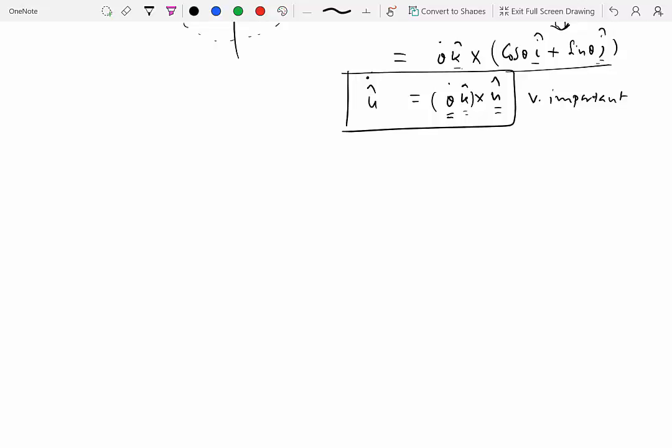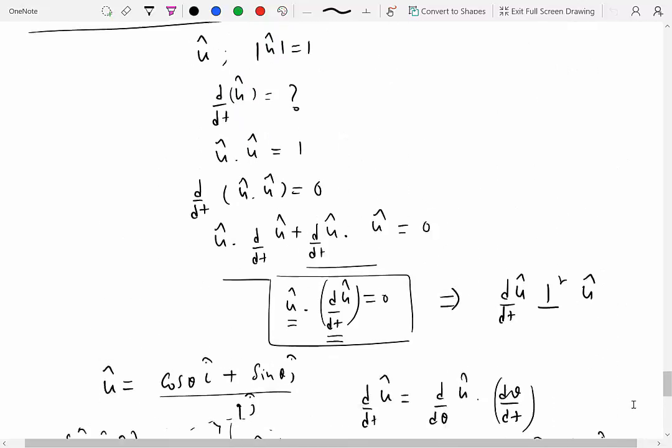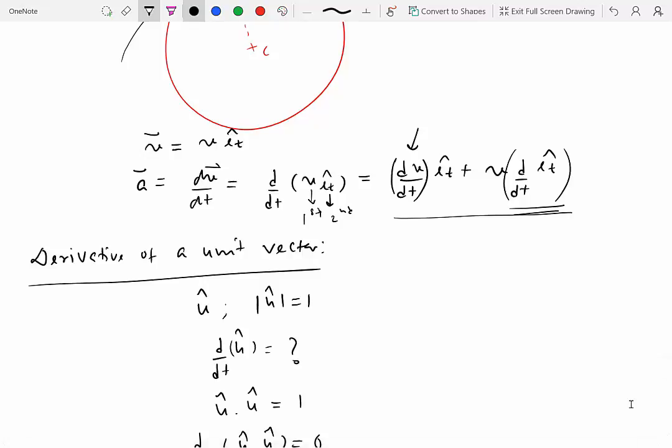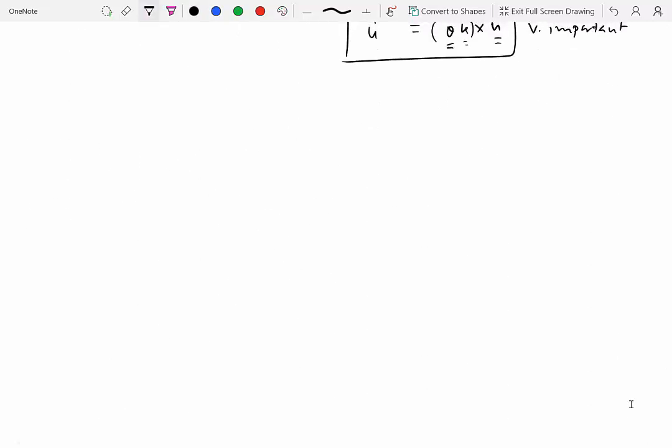So now that we have seen how to obtain the derivative of a unit vector, let's go back to the relationship that we had for the acceleration in the tangent normal system, right? So let's rewrite this over here. In the tangent normal system, the acceleration is dv over dt, which is v dot et hat plus d over dt of et hat, and v is outside over here, right?